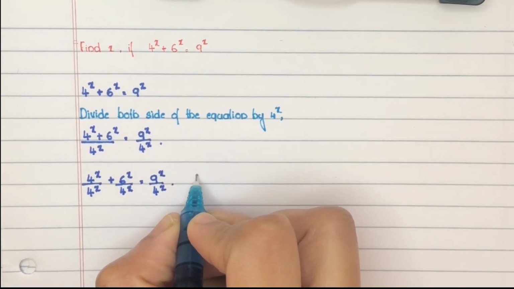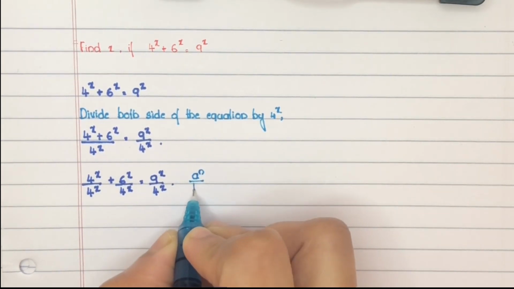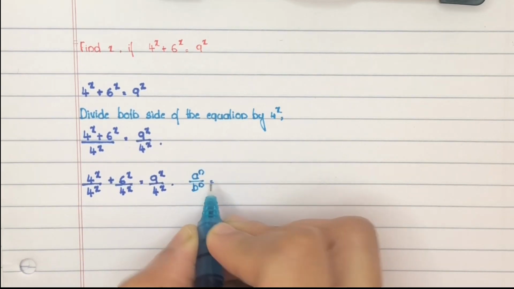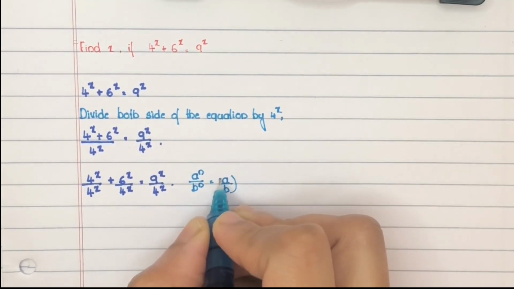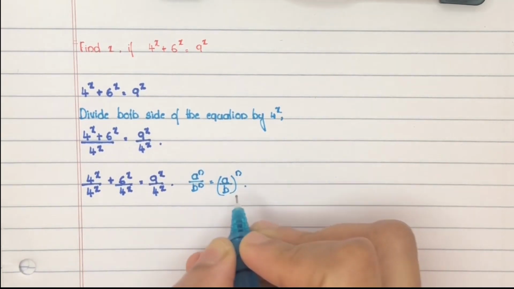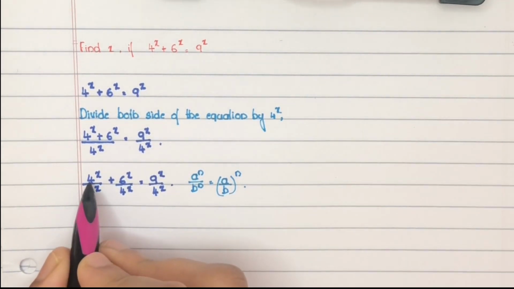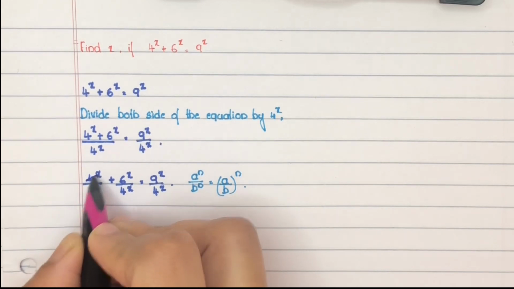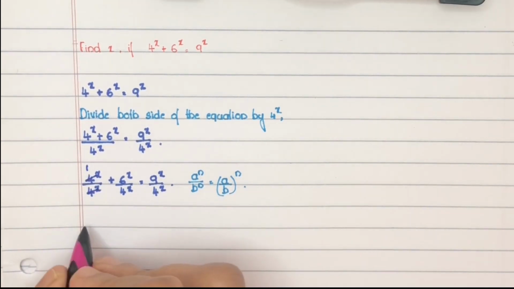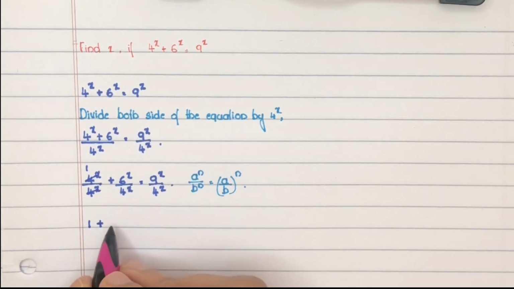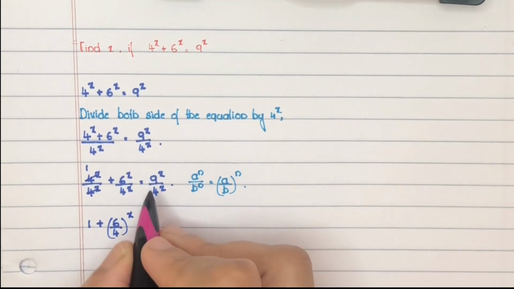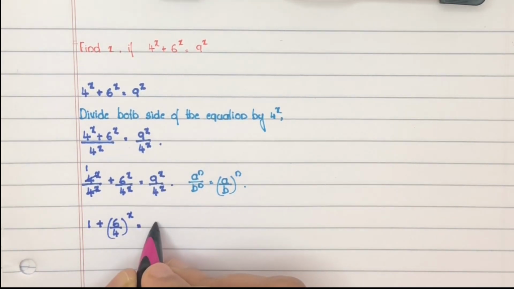We know that a raised to n by b raised to n, with the exponent the same, is a by b whole raised to n. Apply this. 4 raised to x by 4 raised to x is 1. So 1 plus 6 raised to x by 4 raised to x, you can write it as 6 by 4 whole raised to x equal to 9 by 4 whole raised to x.